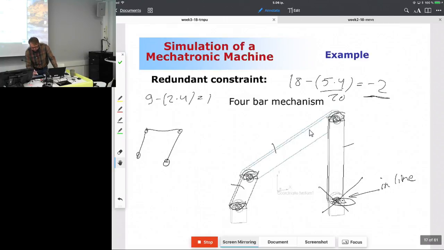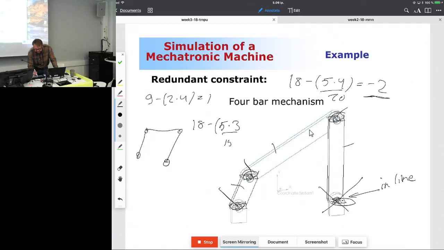I have 18 generalized coordinates. Then I have here 1, 2, 3 revolute joints. So it's 5 multiplied by 3, that's 15. And then plus 2, 17. 1 degree of freedom. You got it?